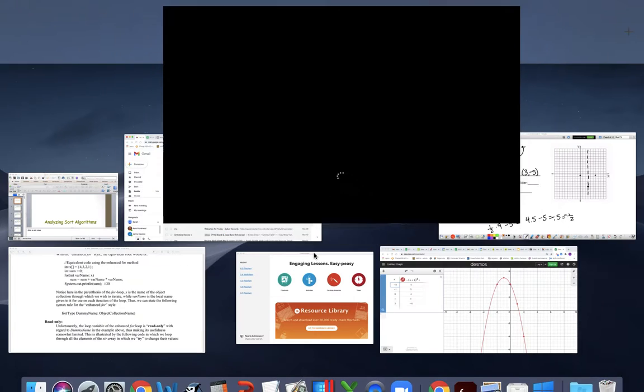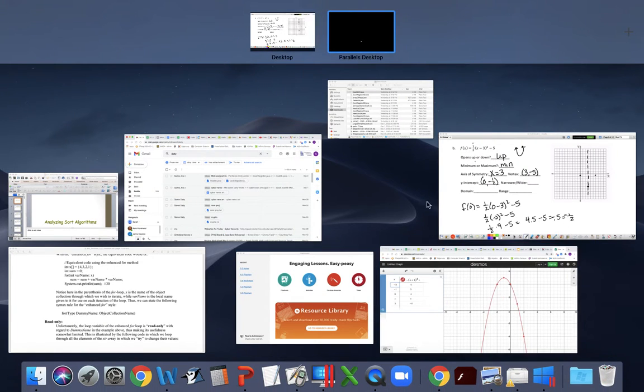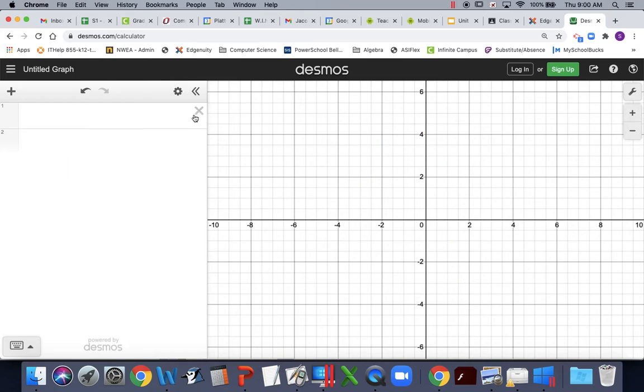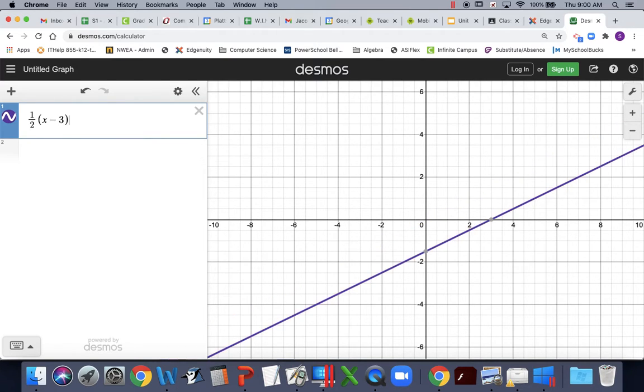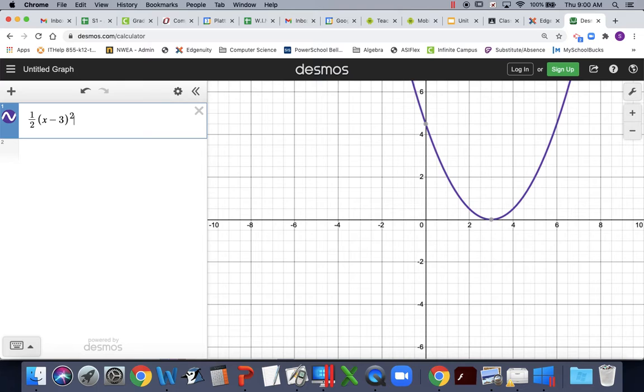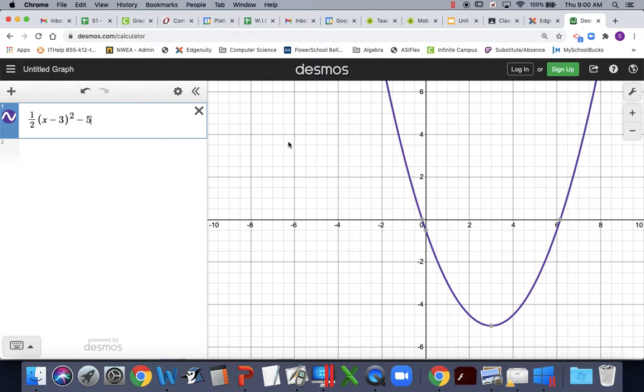Oh, you know what? That's taking way too long. So let's see if I can just come back and put this into Desmos instead, hopefully by the time this is done. So I've got 1/2 as my a value, and then I have (x minus 3) squared minus 5. So there's our parabola.